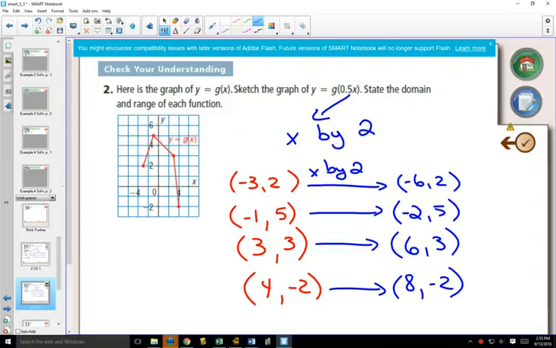So then when we go to label them, we'll have (-6, 2), (-2, 5), (6, 3), and (8, -2). Join those together, and we can see that our graph has been stretched horizontally by a factor of 2.